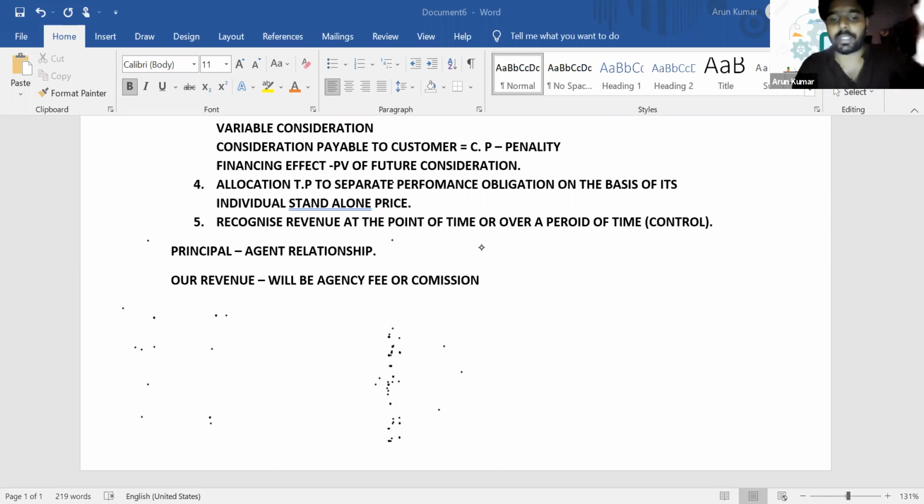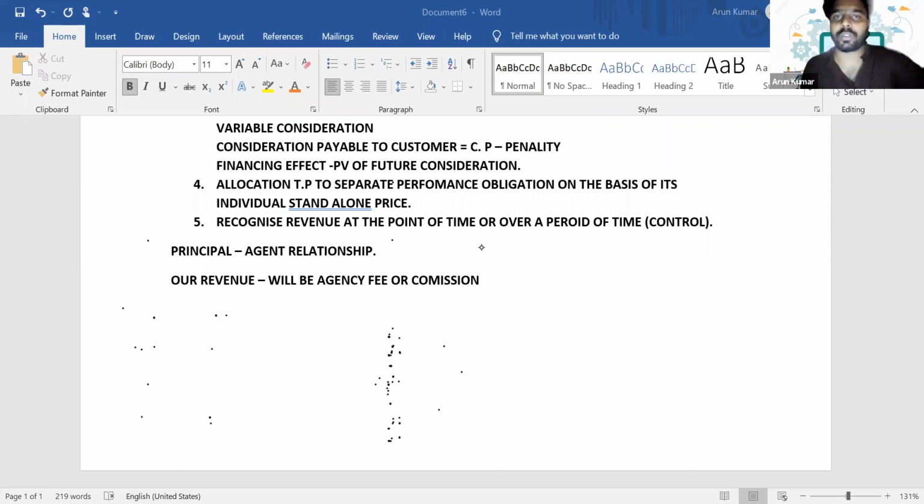So what does it mean to say that we don't have any responsibility with respect to the obligation of transferring the goods or service? We are just acting as an intermediary between the supplier and the customer. We don't have any responsibility with respect to the credit risk, the inventory obsolescence or the inventory risk.